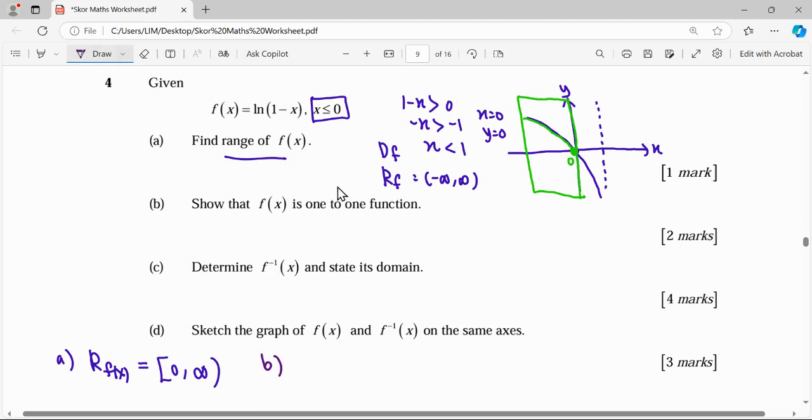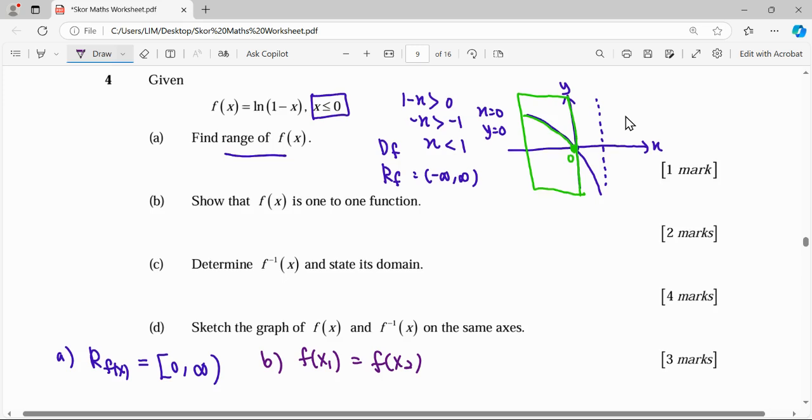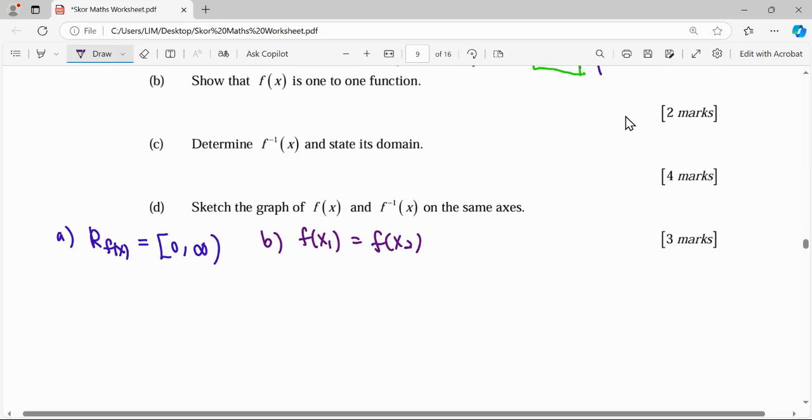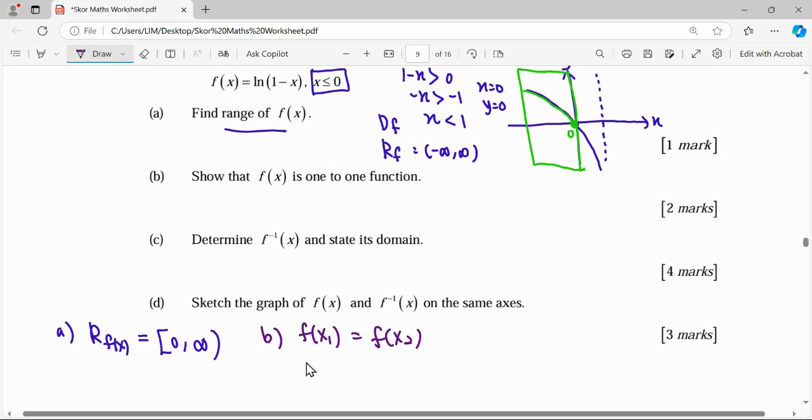show the function is one-to-one function. So we will start f(x1) equals to f(x2). You want to use algebraic method also can, or you want to use graph also can. So the graph I already drew here. You just use horizontal line test, intersect one point, so it will be automatically one-to-one. So when you put f(x1), it will be ln(1 - x1) equals to ln(1 - x2).